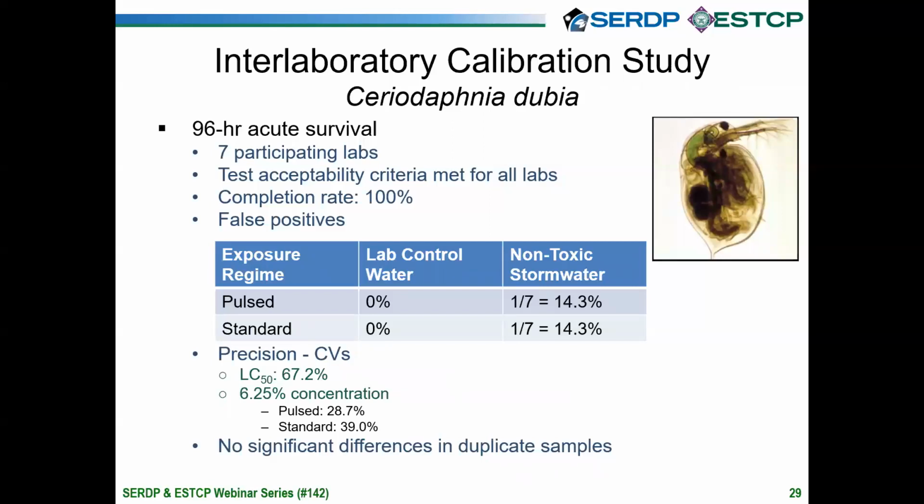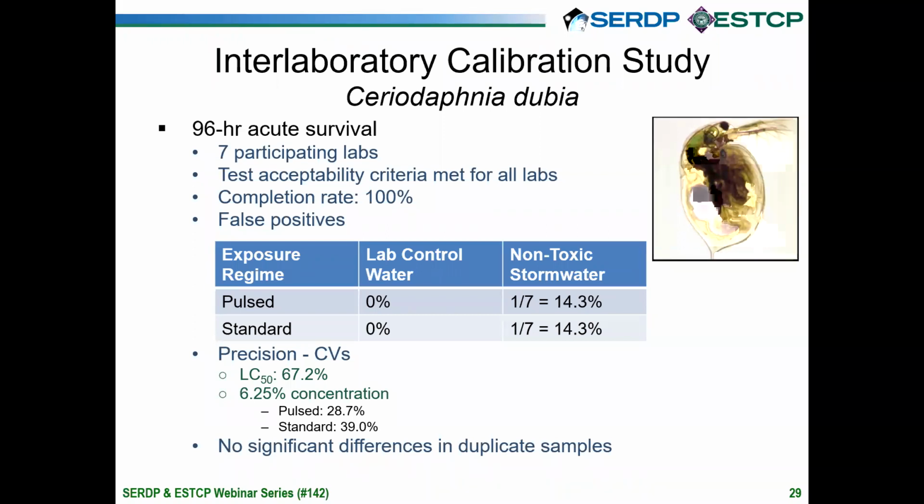So I'm going to be going over this first method, for the Ceriodaphnia dubia, in a little bit more detail, and then I'll skim over the other 2 species, just for time's sake. First, the data from 7 labs was generated for the Ceriodaphnia test, and test acceptability criteria was met for all tests and all data were deemed acceptable.